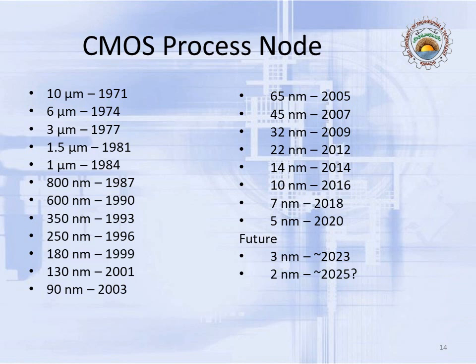Once we talk about the technology of transistor fabrication, we are looking at the smallest channel length that can be fabricated in a particular technology. So here you see that in 1971, it was possible to make a transistor whose minimum channel length is 10 micrometers. And in 1974, it was possible to fabricate transistors that had a minimum channel length of 6 micrometers.